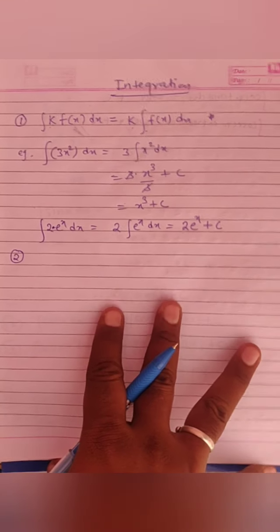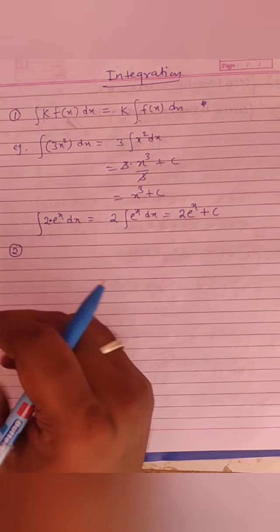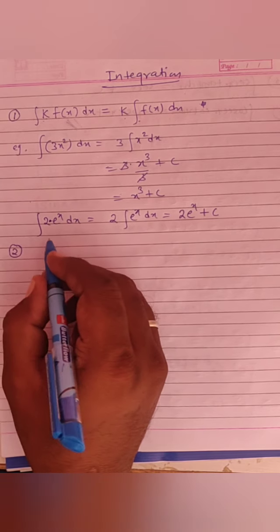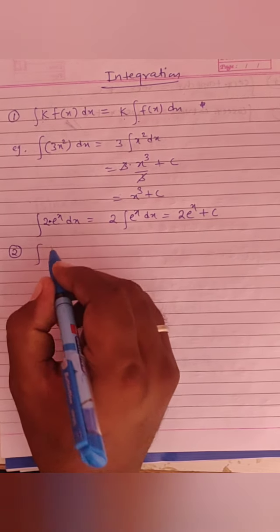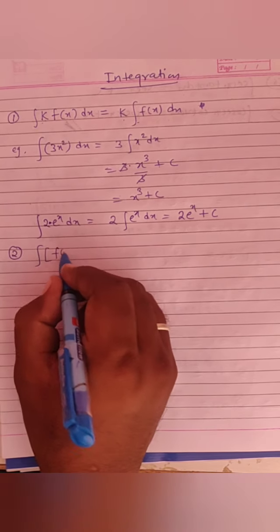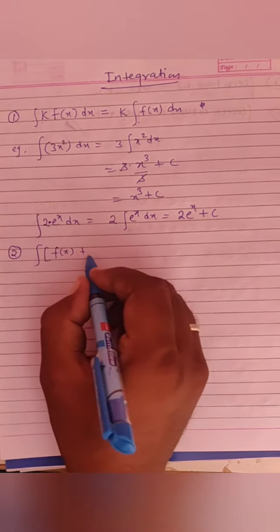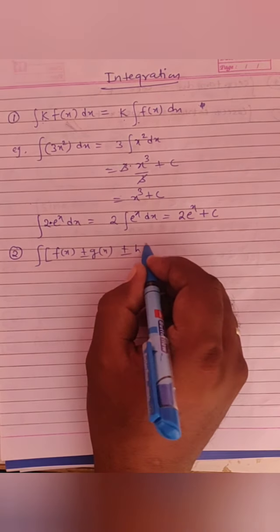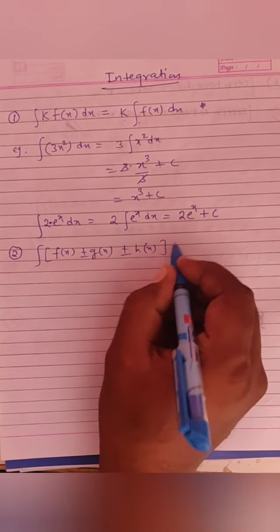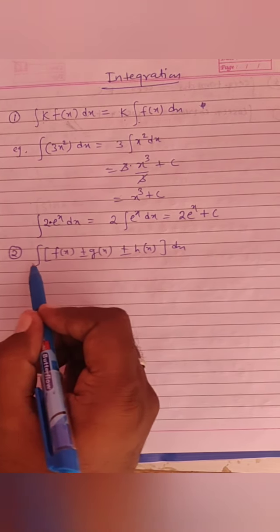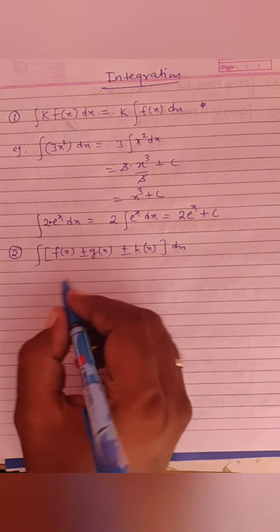Second rule is what? If we have the terms in sum or difference, it is also known as the sum and difference rule, like derivative. So if you have two or more terms in sum and difference, let us take f(x) plus g(x) plus or minus h(x), and we want to integrate these, then simply you have to integrate all these terms separately.